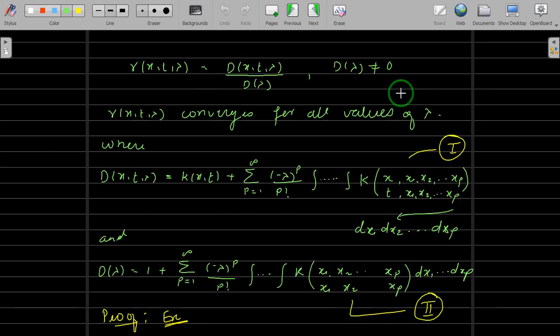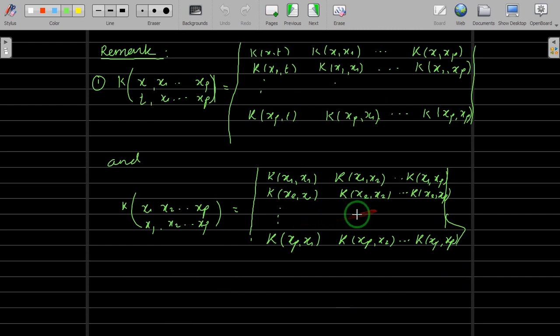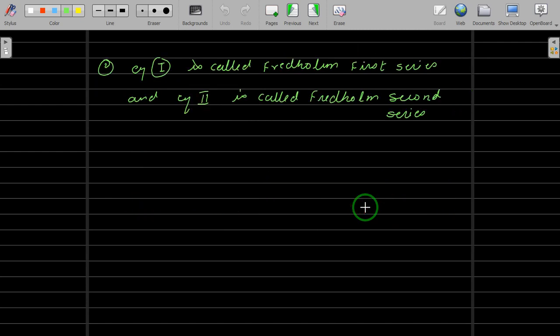So this equation 1 is called Fredholm's first series and this equation is called Fredholm's second series. And again those are determinants. These determinants, Fredholm's first and second series, are called Fredholm determinants, right?